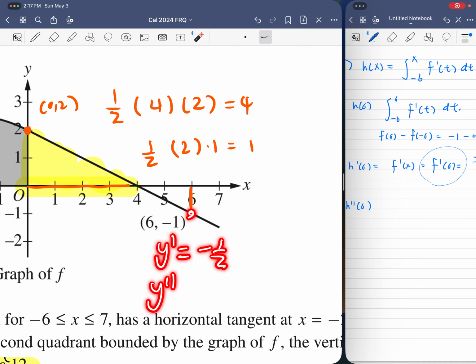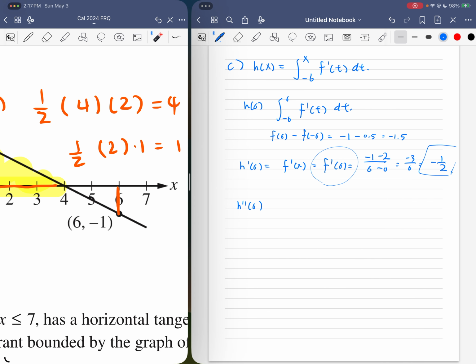What's the y double prime going to be? Derivative of the constant is what? 0, because as you can see, this is just negative 1/2, right? So it's going to be 0, since h prime of 6 is constant.